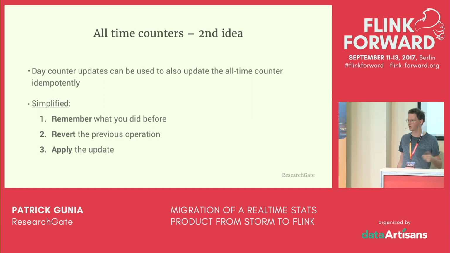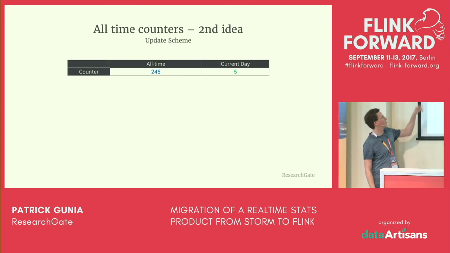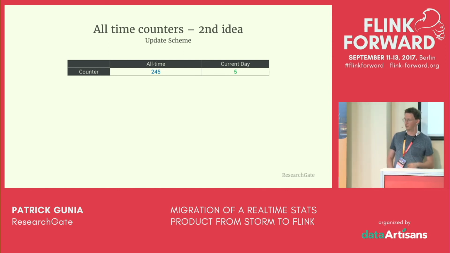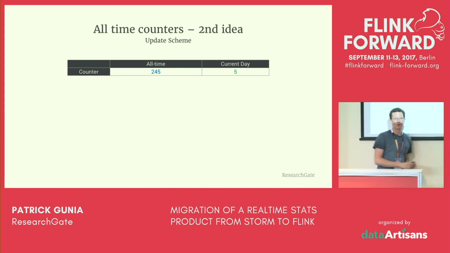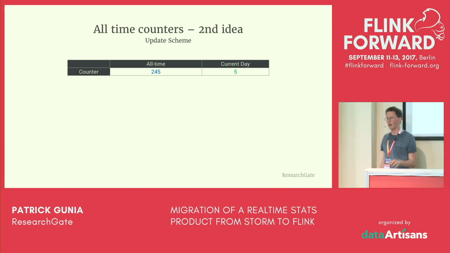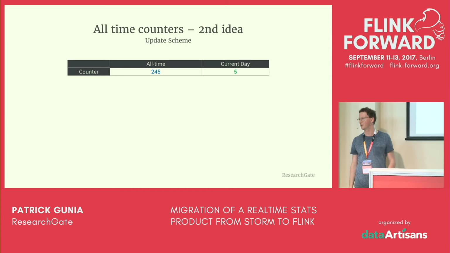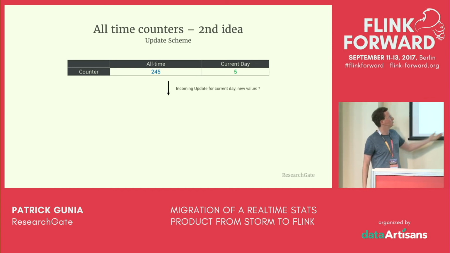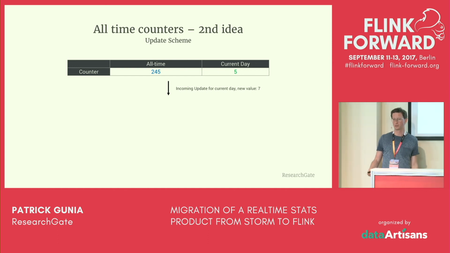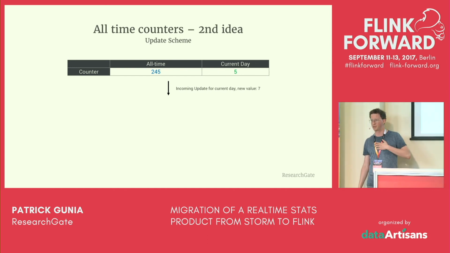So let's take a look at an example. Let's say we have an all-time counter of 245, and the last update operation that we did was for the current day, 5. That means we already updated this all-time counter by the value of 5 today. Now let's say we get a new incoming update for the current day: 2 other people read my publication.